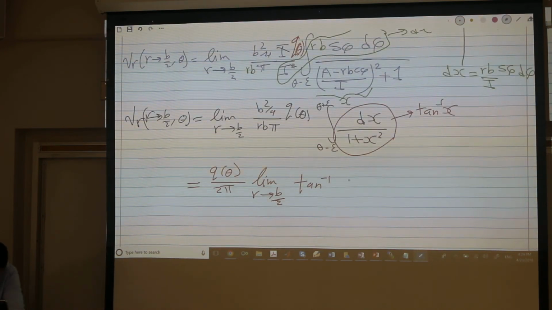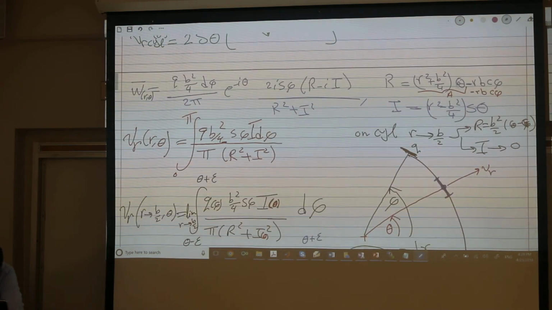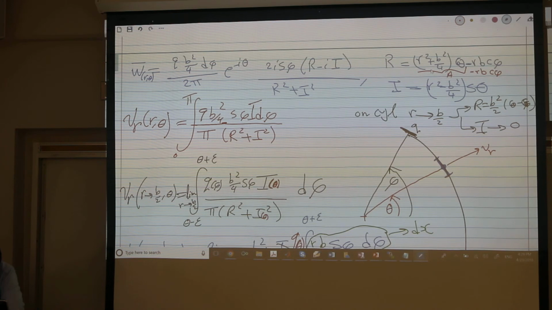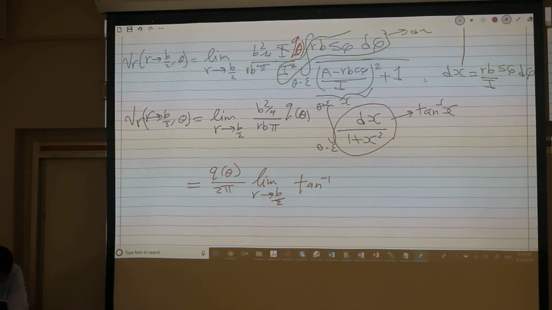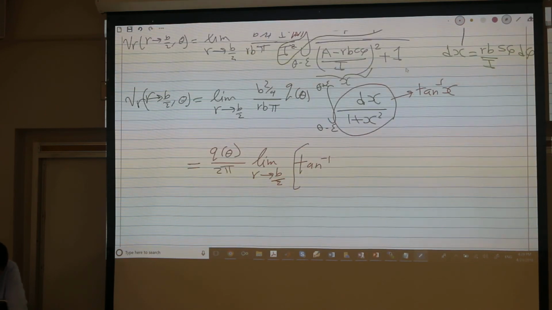What is A? R squared plus B squared over 4. So this is almost R squared.